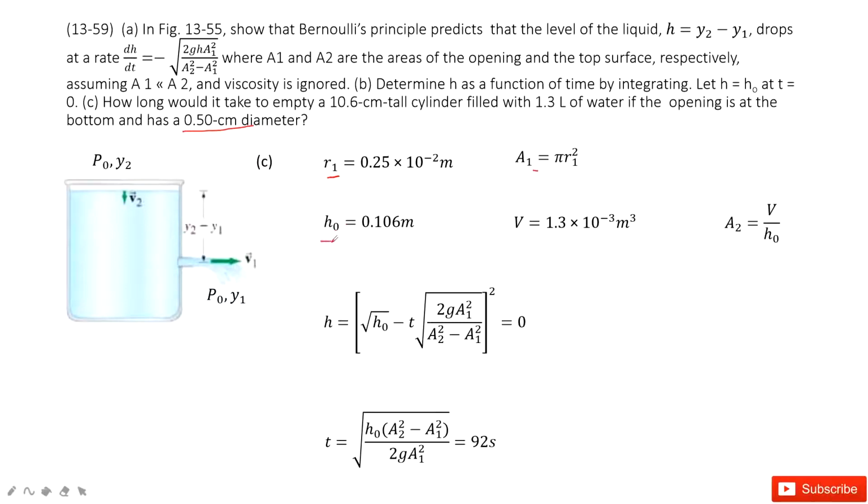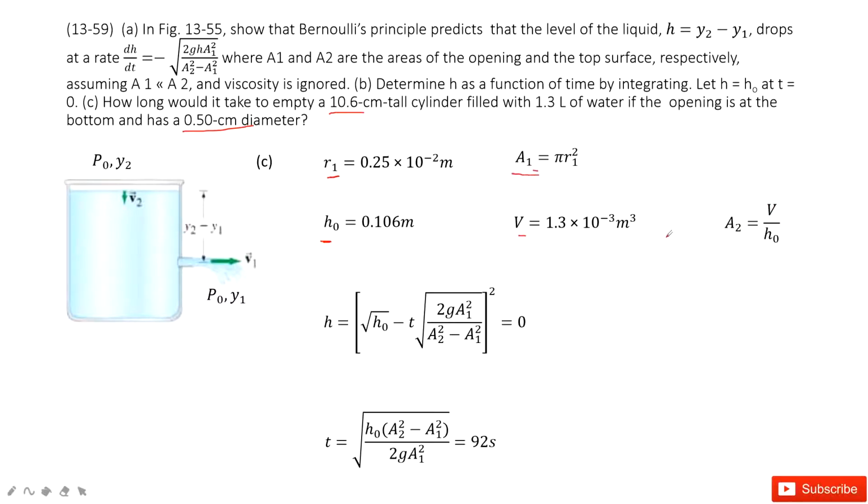And H naught is given, right? Initially it is 0.106 meter of water in this tube. And the next one, the volume is given. The volume is 1.3 liters of water. So in this one, you can get A2. A2, the cross-sectional area, equals V over H naught.